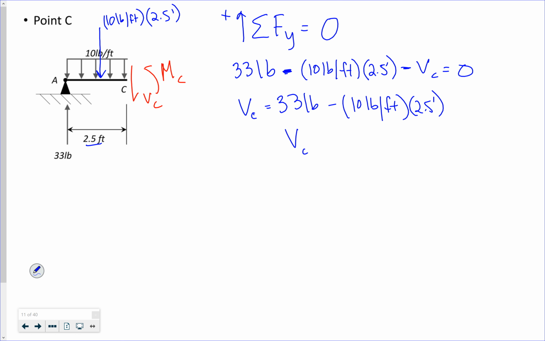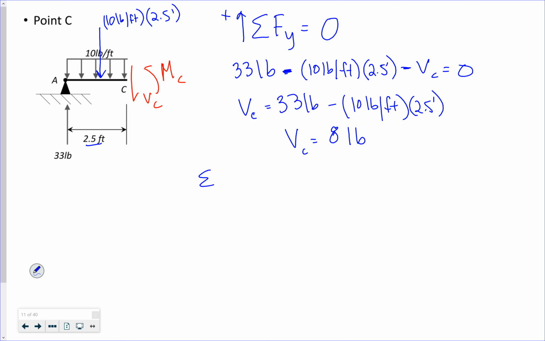So my shear at C is 33 minus 25. So that is 8 pounds. Means it's acting downward.